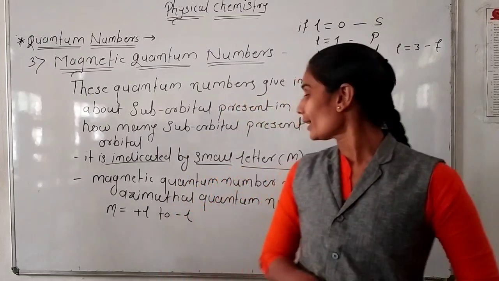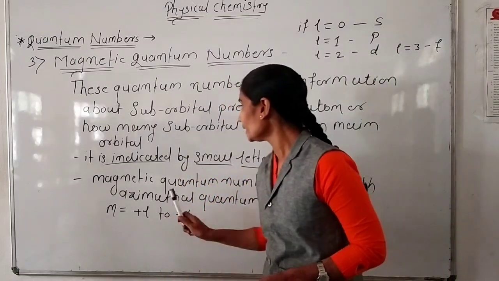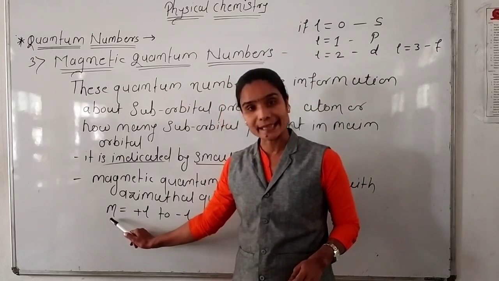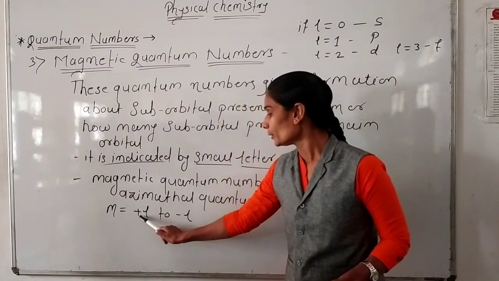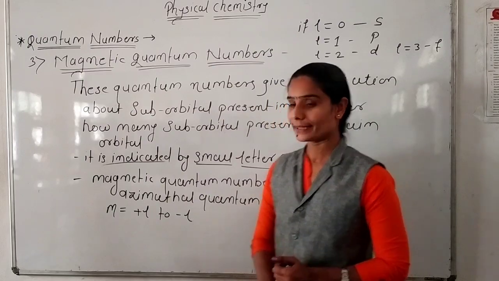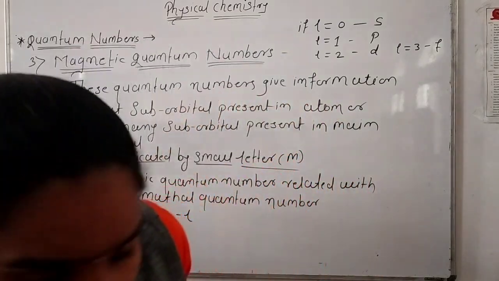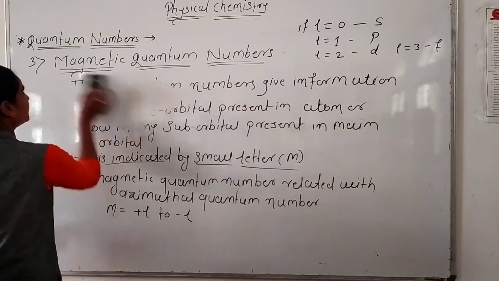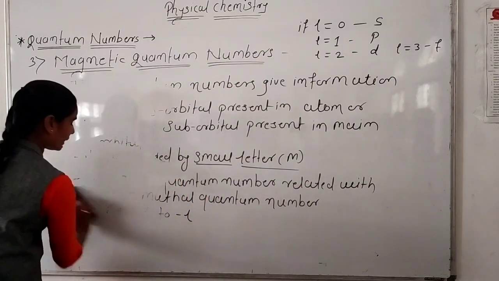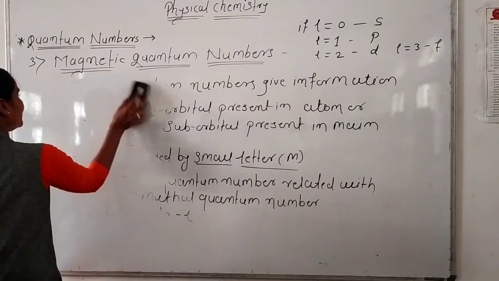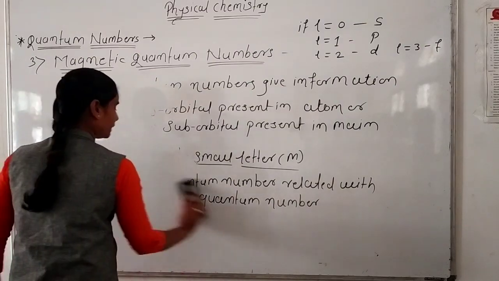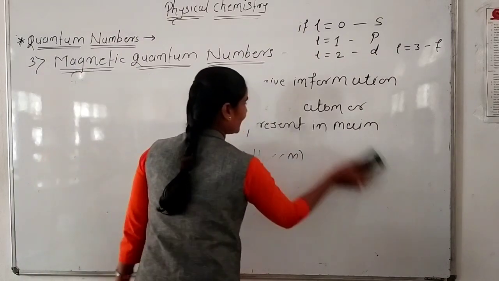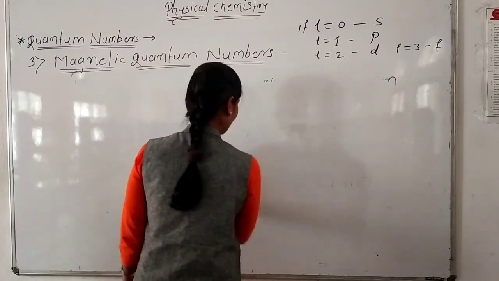Okay, this magnetic quantum number is related with the azimuthal quantum number, so that small m, the magnetic quantum number, is equal to plus L to minus L. Okay, now see how this magnetic quantum number is related with the azimuthal quantum number, and how it gives the information of suborbitals present in the main orbital.